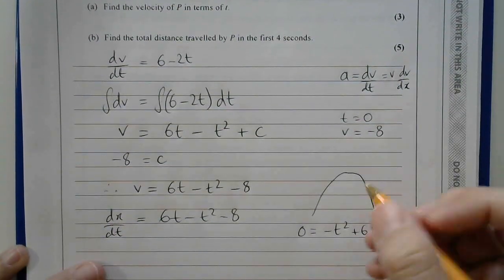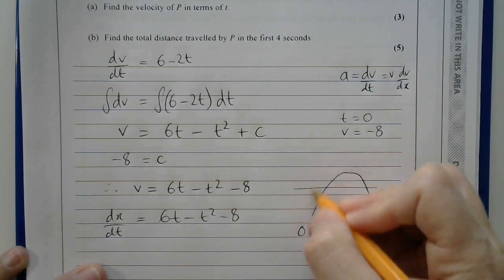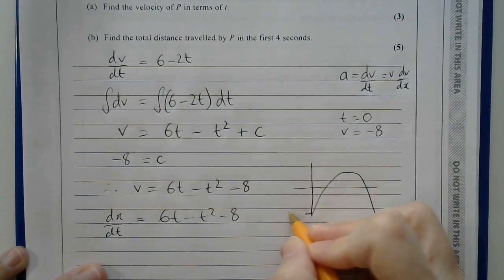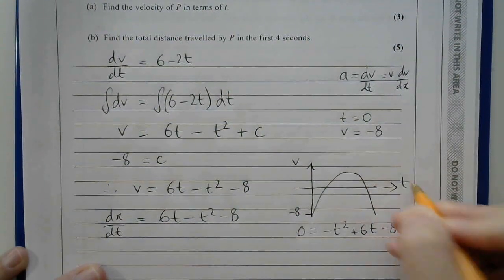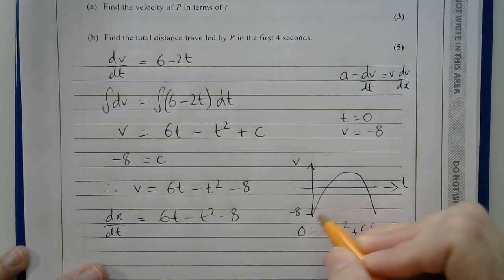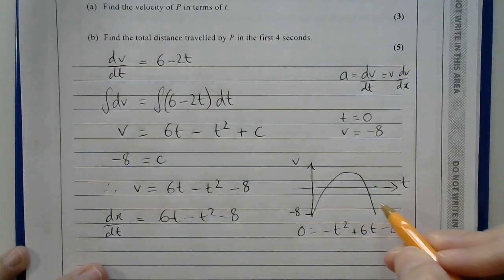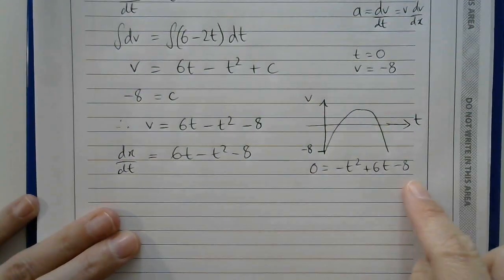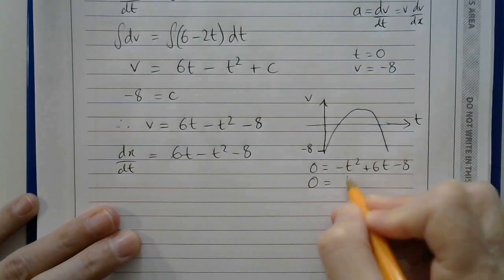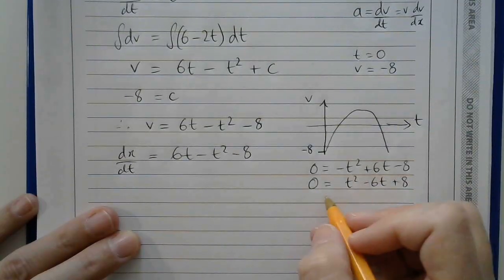Now, I would just be very curious to understand, because I know it's beginning at -8 here, if this is v and this is t, I just want to understand if all of the graph goes underneath the t-axis or if some of it goes above it. Now, if I solve this, then I've got t squared minus 6t plus 8 equals 0.